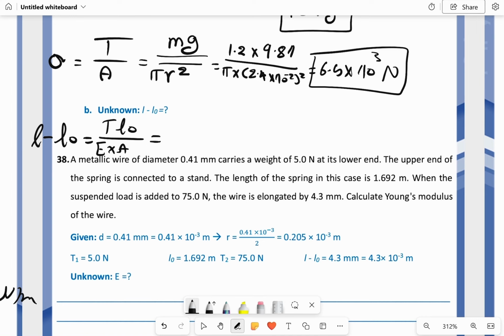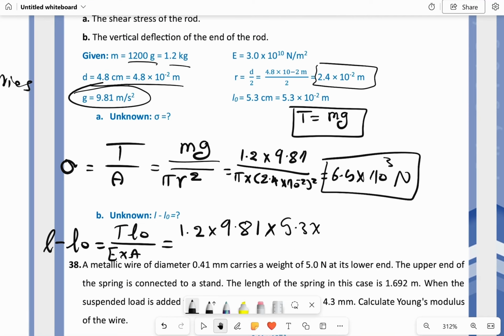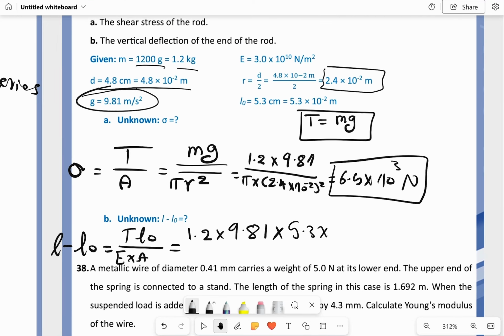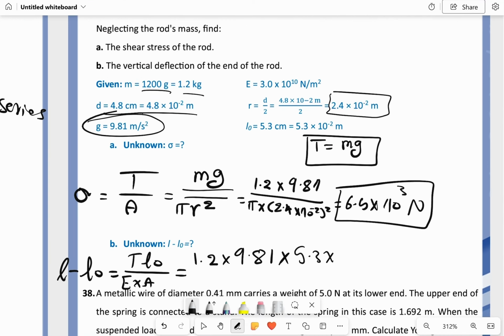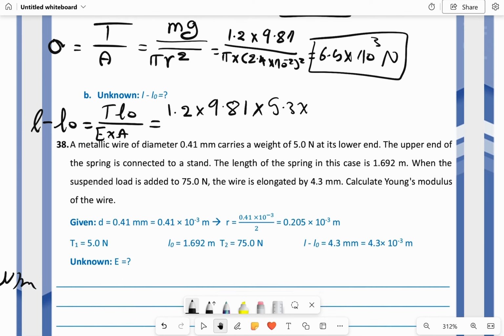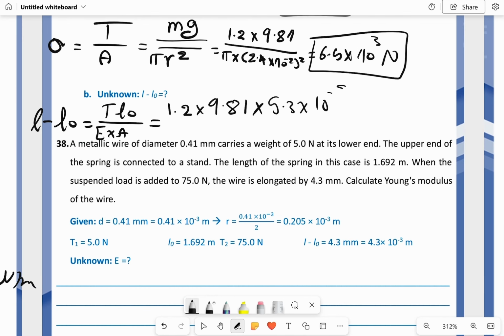So it will be 1.2 times 9.81. Do I have initial length, guys? I have initial length, 5.3 times 10 to the power of minus 2.